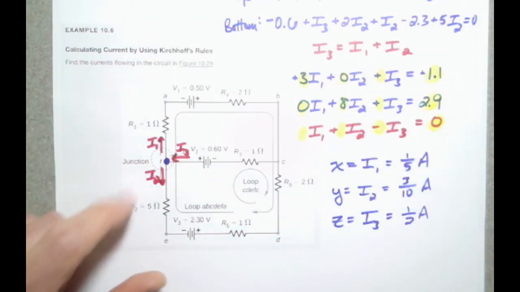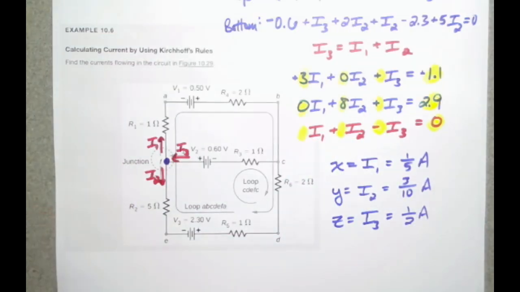I think the two most natural ways to apply the junction law are incoming currents equal outgoing currents, or incoming currents minus outgoing currents equals 0. You could also do outgoing currents minus incoming currents equals 0. That doesn't matter a whole lot.